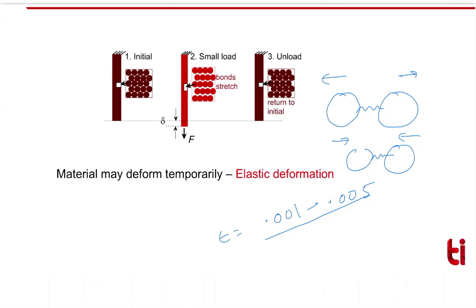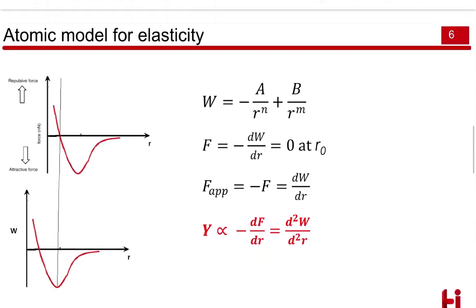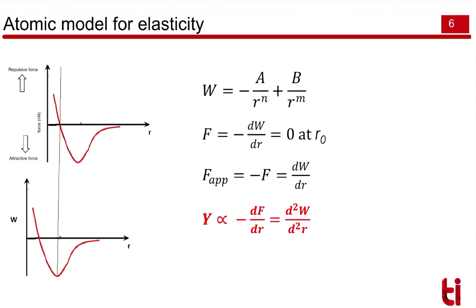Now, to understand this stretching of the bond, let's consider an atomic model. This curve shows the force versus displacement curve, and this is the potential energy versus displacement curve of two atoms, which I told you before.